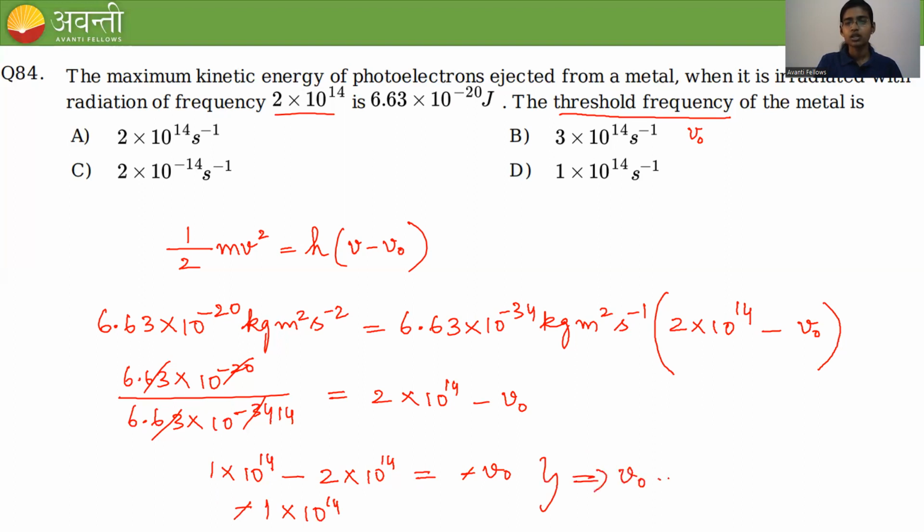From this, mu naught is equal to 1 into 10 power 14, and here the unit is per second, on cancelling out this. So the answer is 1 into 10 power 14 per second. That is option D, the answer for this question.